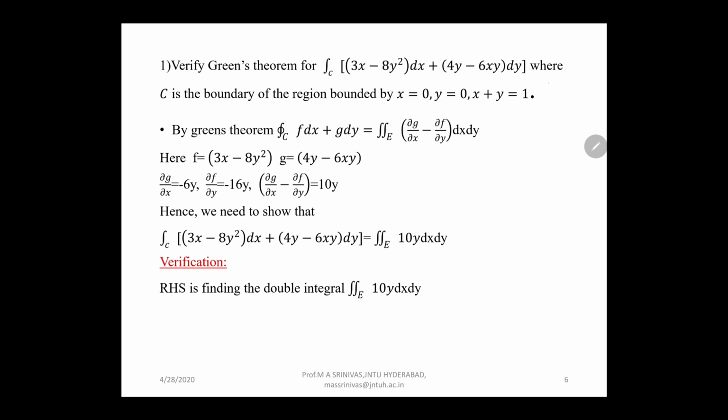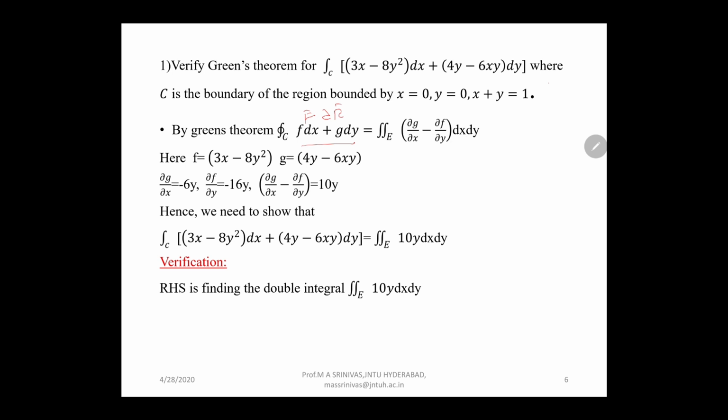In this, Green's theorem converts a line integral to a double integral. So the line integral, integral over C of f dx plus g dy, or else you can call it f bar dot dr bar, both are same, where f bar is (3x minus 8y²) i bar plus (4y minus 6xy) j bar, is equal to the double integral over E of (∂g/∂x minus ∂f/∂y) dx dy.